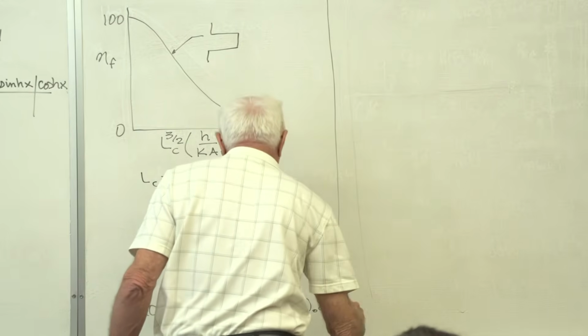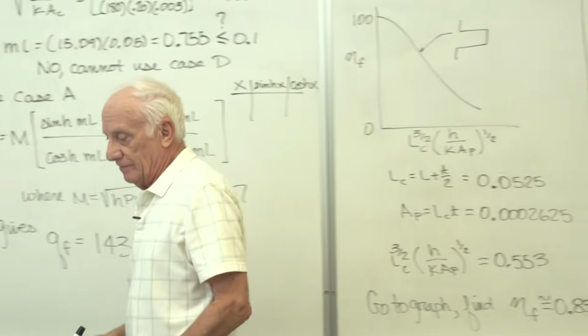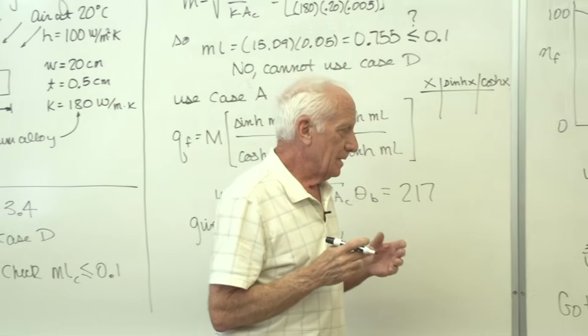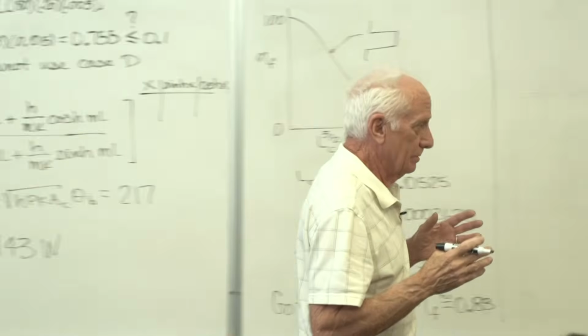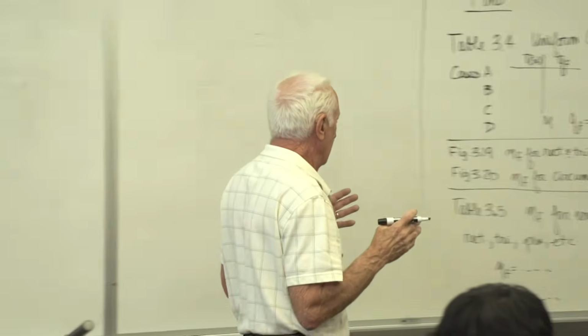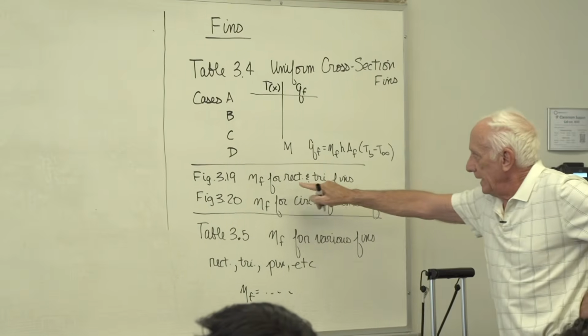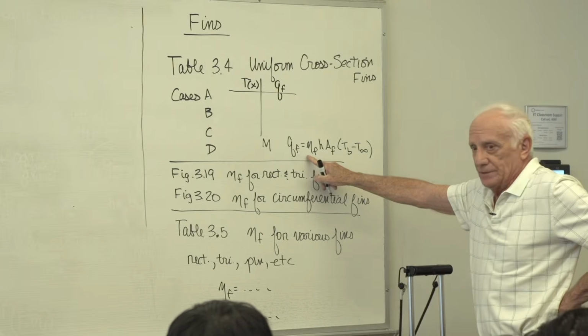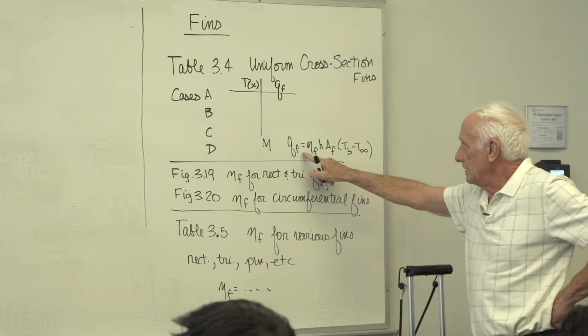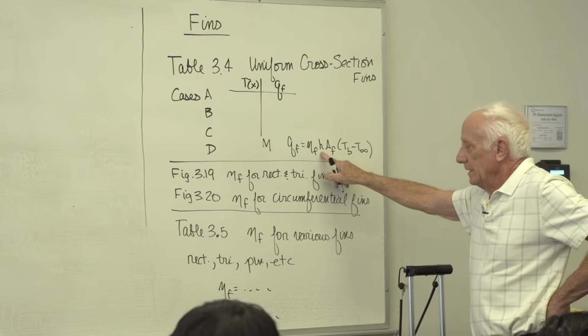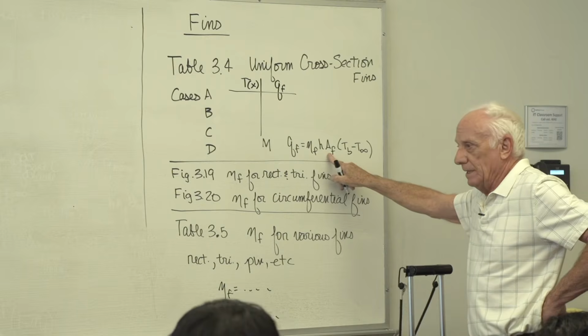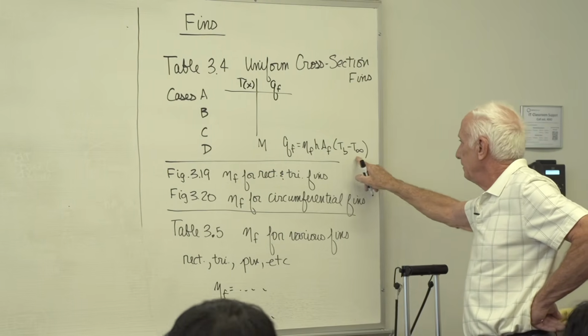Now, once I get that from the graph, I have to find Q. Okay, here it is over here. Once you get eta sub F, you put it in this equation right here: heat lost by the fin equals fin efficiency times the convection coefficient times the area of the fin times T base minus T infinity.